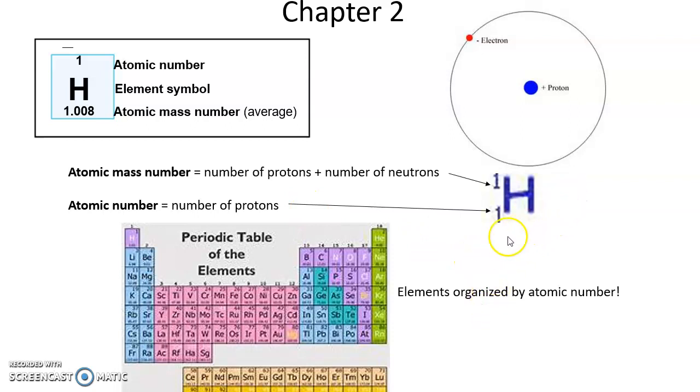Now, we have already shown you the periodic table. Within the periodic table, all of the elements are organized based on the number of protons. So hydrogen 1, helium 2, lithium 3, beryllium 4, boron 5, carbon 6, and so on as you go along the periodic table.